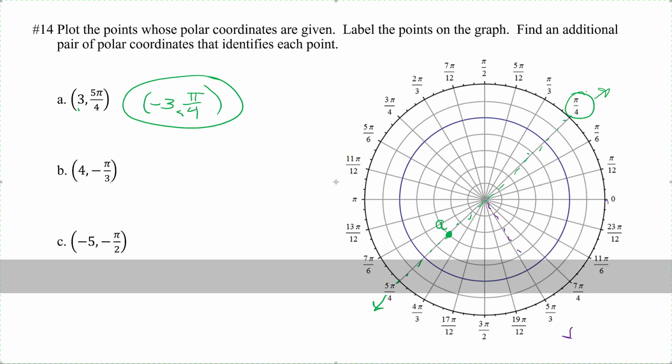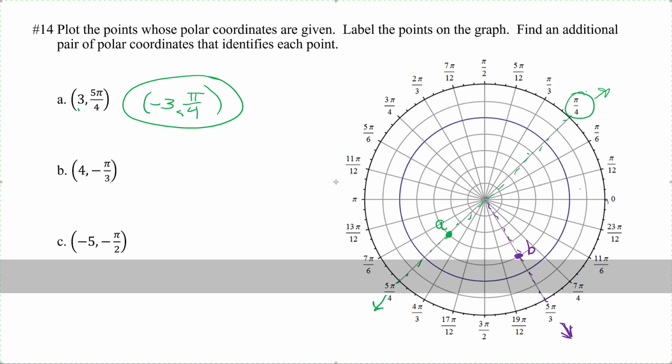And I'm just going to put a little dash along this ray here that takes me to 5 pi thirds. And so we come out how far? So at negative pi thirds, we're going a positive distance of 4. So the positive direction is down and to the right a little bit. And so from the pole, we're going down 1, 2, 3, 4 units. And this right here would give us our point B.